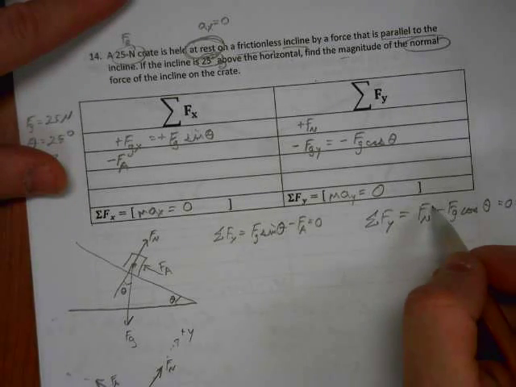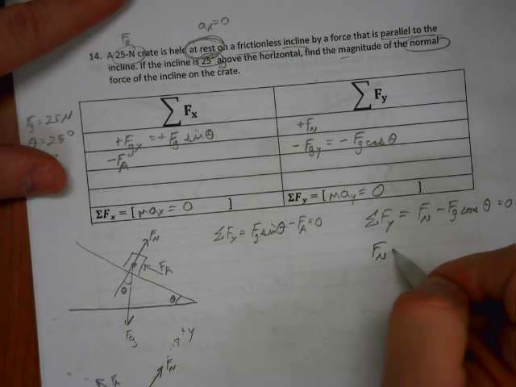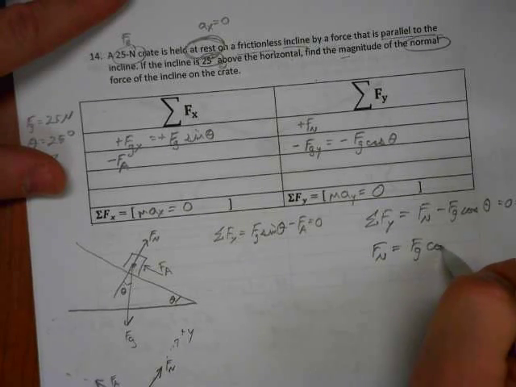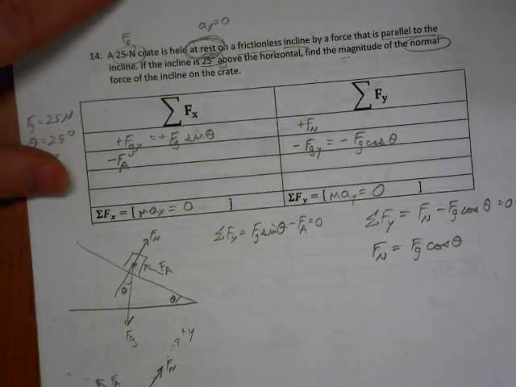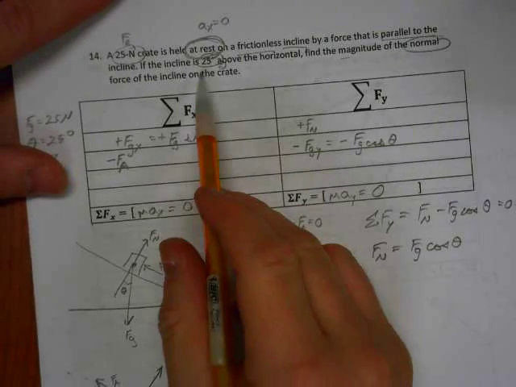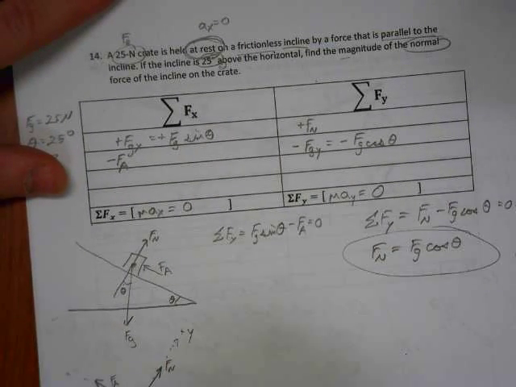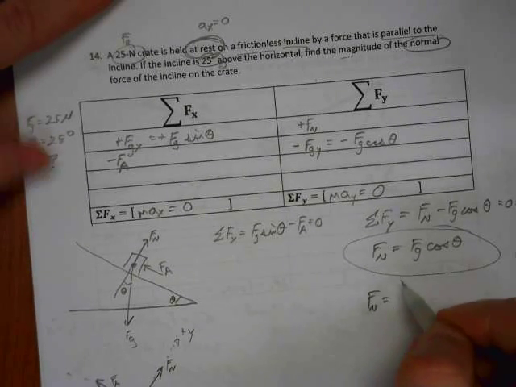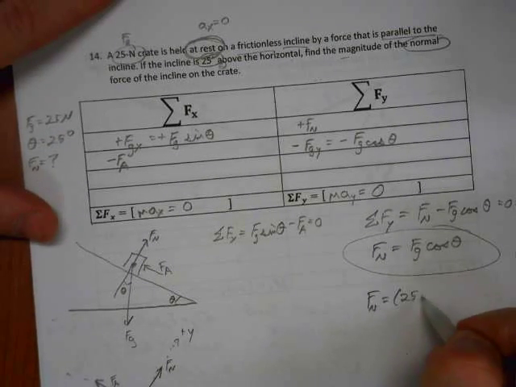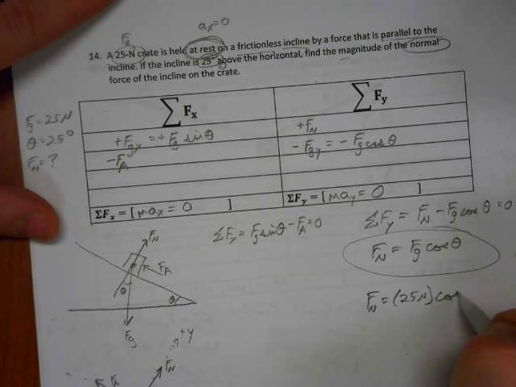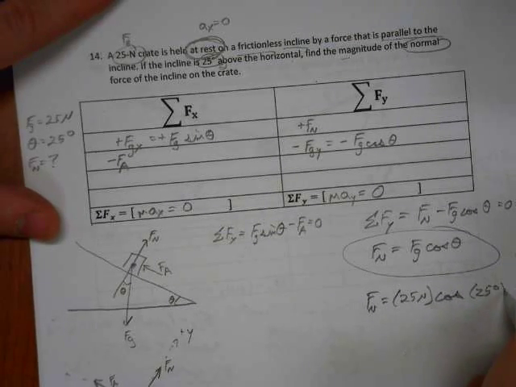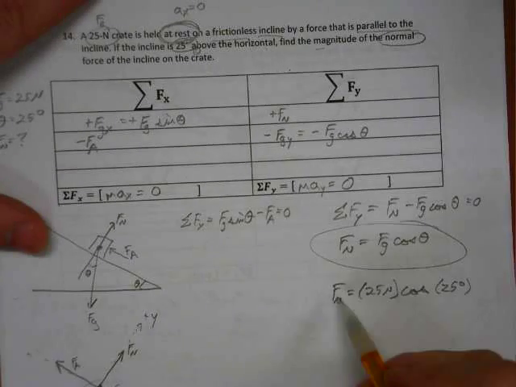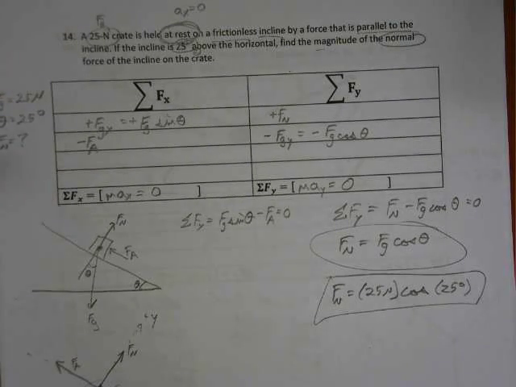And we're after the normal force, so Fn equals Fg cosine of theta. So we're actually done because the problem's asking for the normal force. We have an expression for that, and you can plug in: Fn is just equal to 25 newtons times the cosine of 25 degrees. And then you can calculate that out.